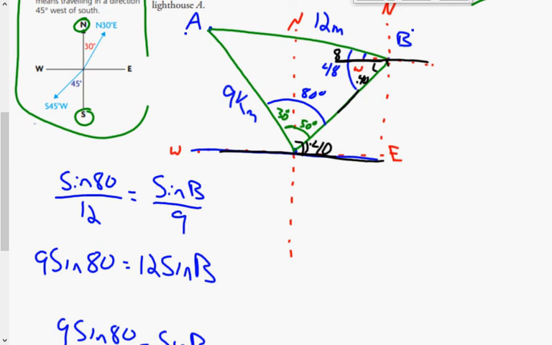So there's two ways you can write this. This is 8 degrees off of west. So you could say he went west 8 degrees north. Or you could say he went north 82 degrees west. Probably the 82 is better because it follows this thing.